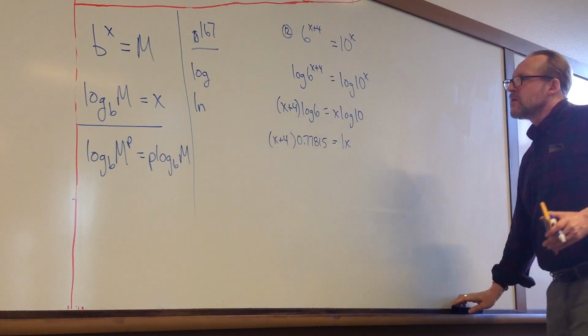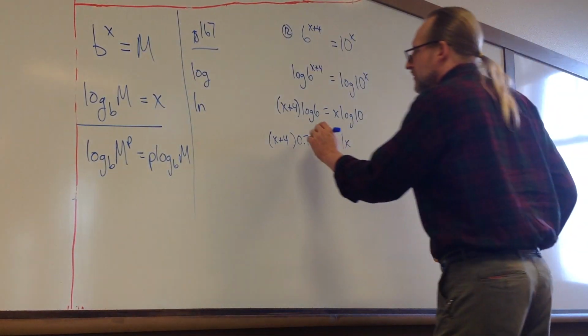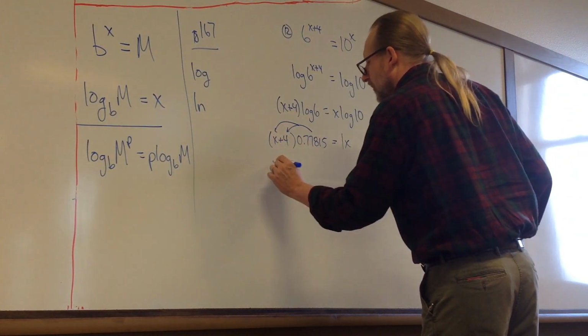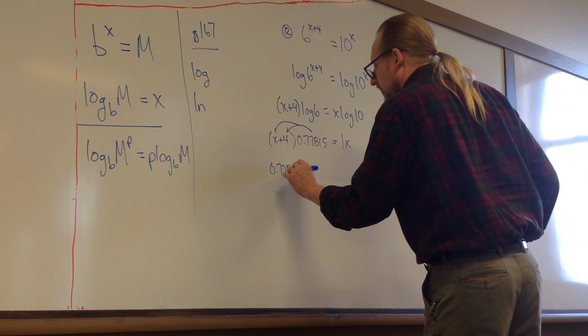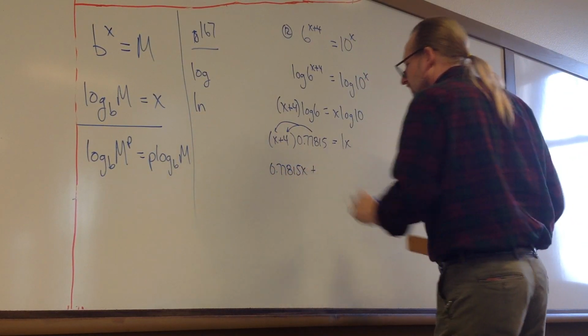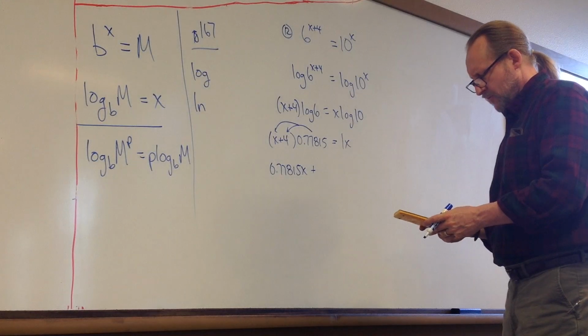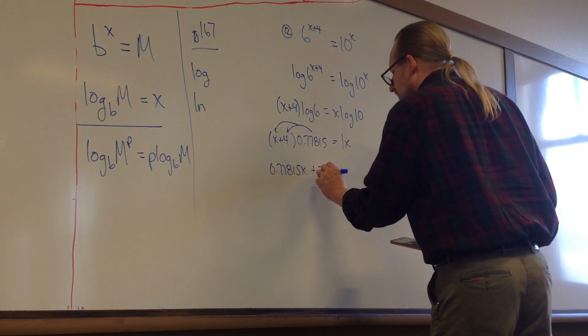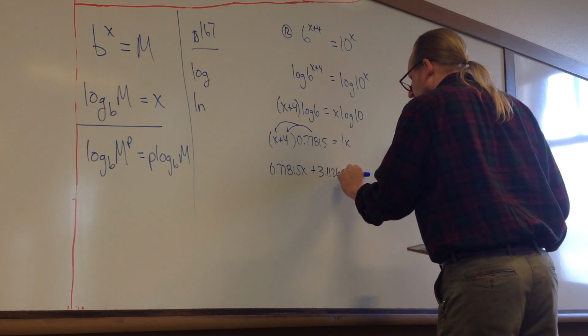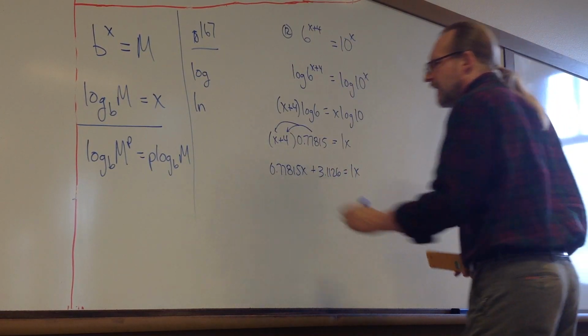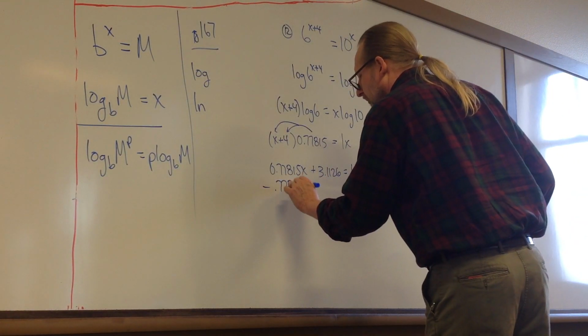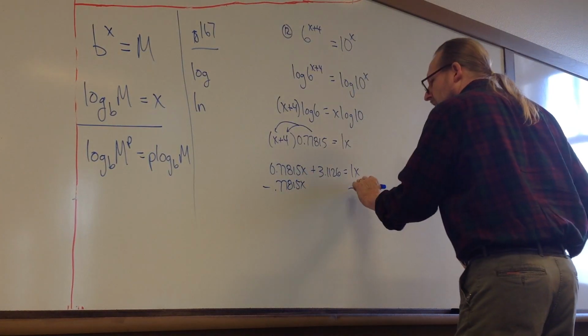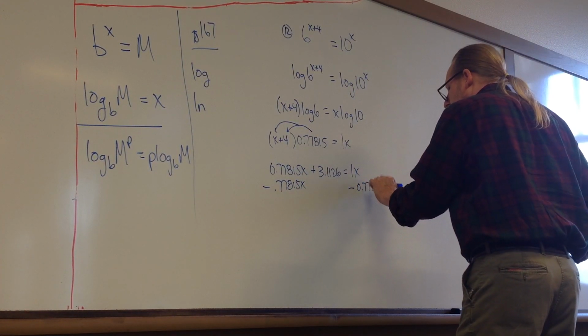Okay, so now let's distribute, and we'll get 0.77815x. And then we'll do 4 times 0.77815, which is 3.1126. And now let's subtract on both sides, collecting our x's all on the same side.